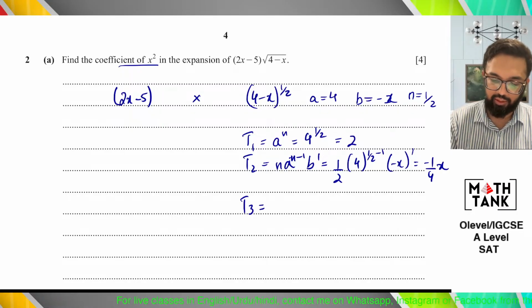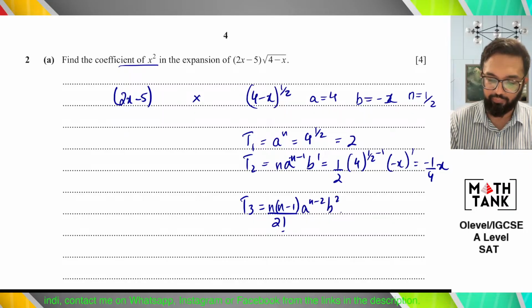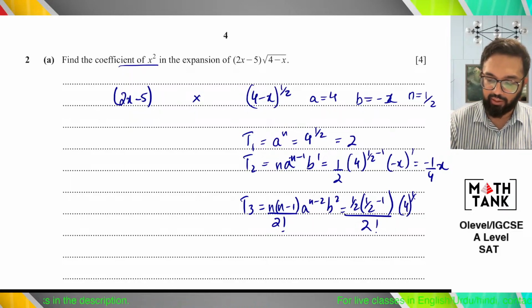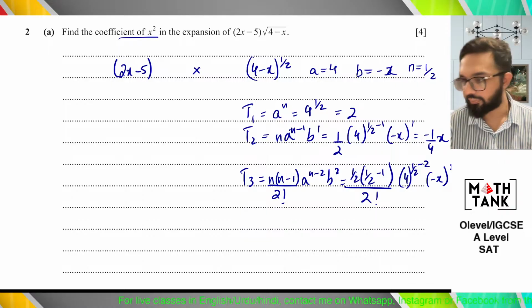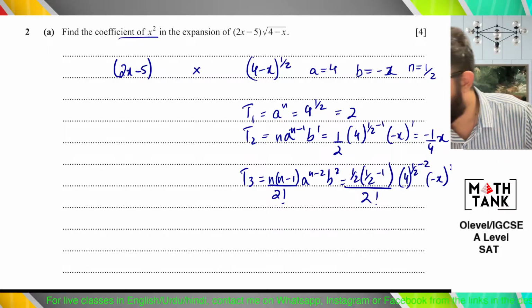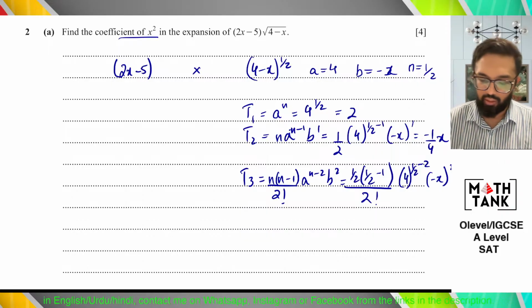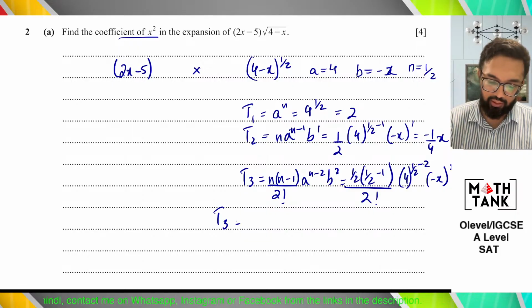And term number 3 is n into n minus 1 over 2 factorial, a power n minus 2, b power 2. So half into half minus 1 over 2 factorial, a power half minus 2, minus x power 2. Okay, so term number 3 आ जाएगी मेरे पास.